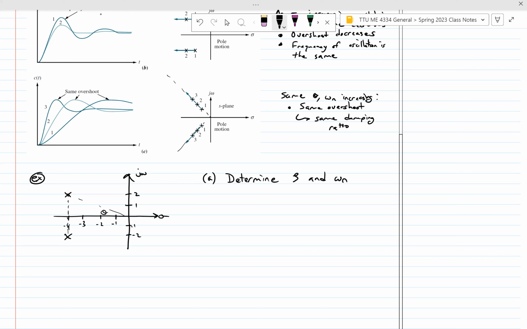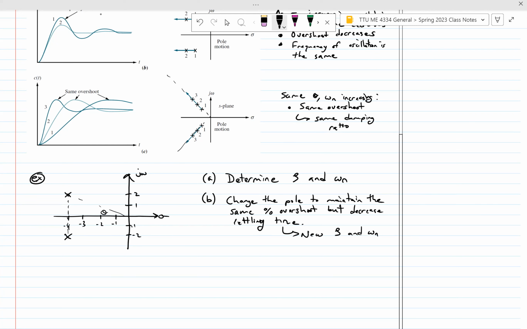All right, then for part B, I want you to change the pole location to maintain the same percent overshoot, but decrease settling time. And so specifically, I want new zeta and omega n values.